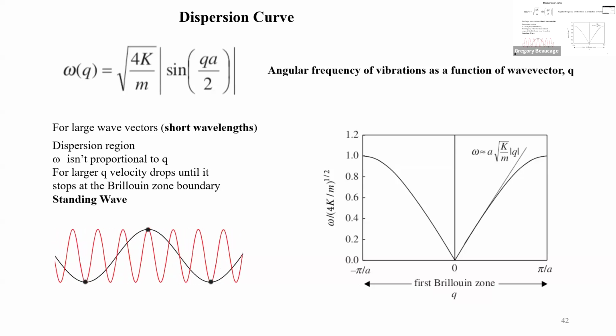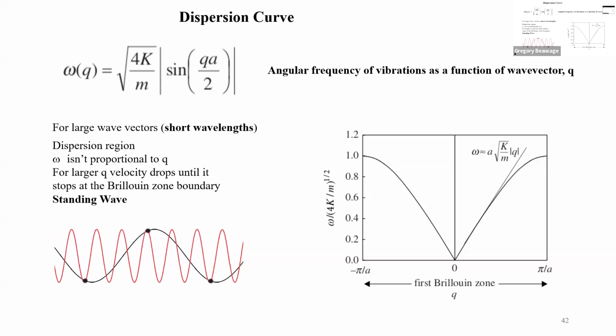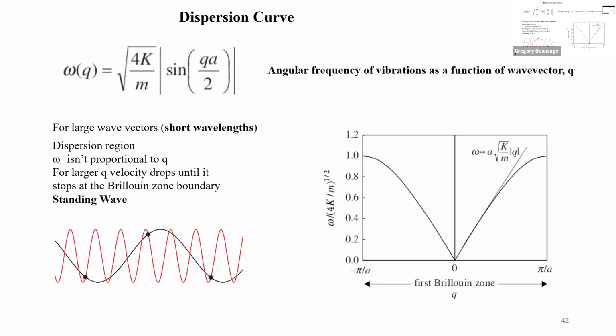Then I make a smaller wave, until finally I get to a wave that's just the size of the atoms, so my wavelength divided by 2 equals the lattice spacing a. There are two size scales of wavelength here. If I get larger, it's fine. If I go smaller than that, the motion is stuck, it's the same motion, right?